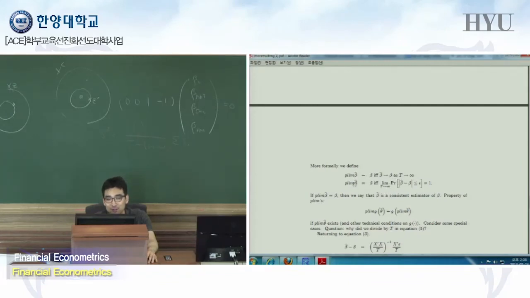More specifically, the probability limit of beta hat equals beta if and only if, for a large number of T, the probability that the distance between beta hat and beta is within epsilon is 1. For whatever small epsilon we take, if we have a large number of samples, the distance between beta hat and beta should be closer than epsilon.